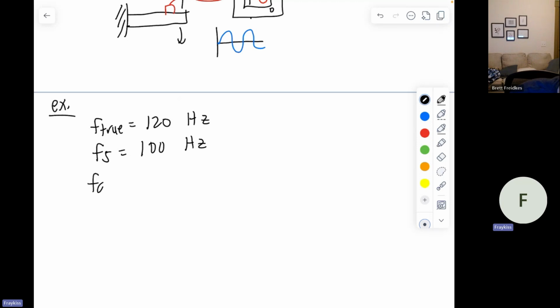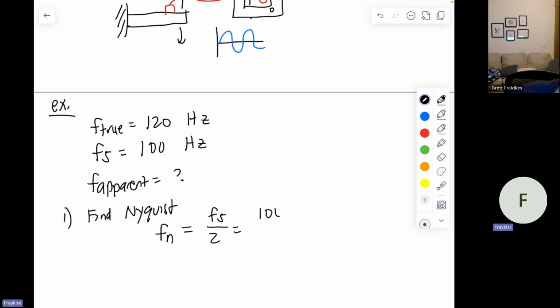So basically, what is F apparent? First, find the Nyquist frequency. That's going to be Fn. That's going to be Fs over 2, which will be 100 over 2. The Nyquist frequency is 50 hertz.